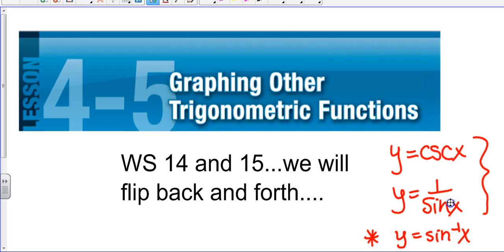This is a reciprocal function. The reason they're not equivalent has to do with the change in domain and range, okay? An inverse, we're going to flip the x and y, not just flip it upside down as in 1 over, okay?